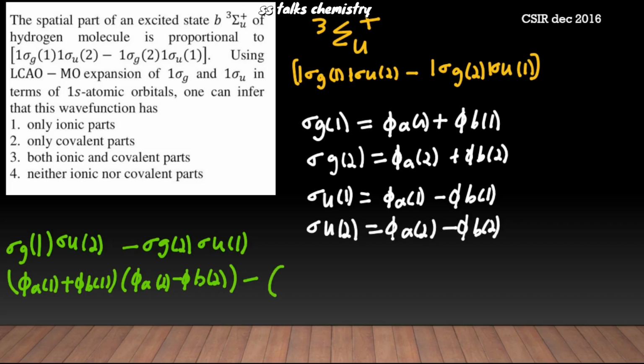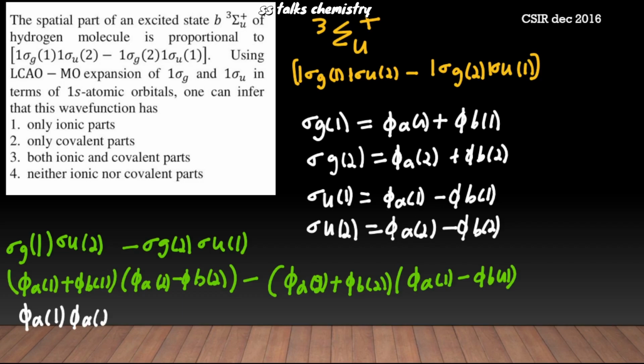Minus sigma G2, which for the second electron is phi A2 plus phi B2, into sigma U1, so phi A1 minus phi B1, right?